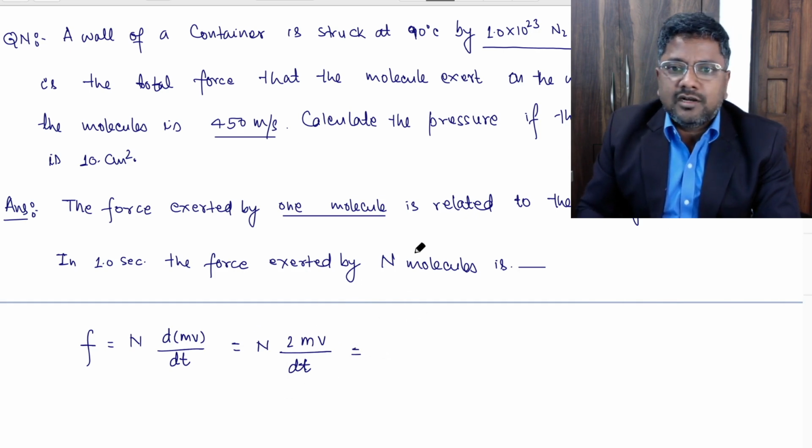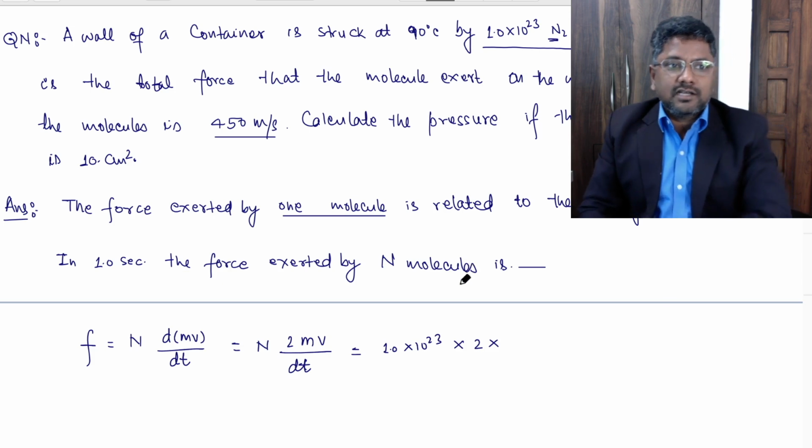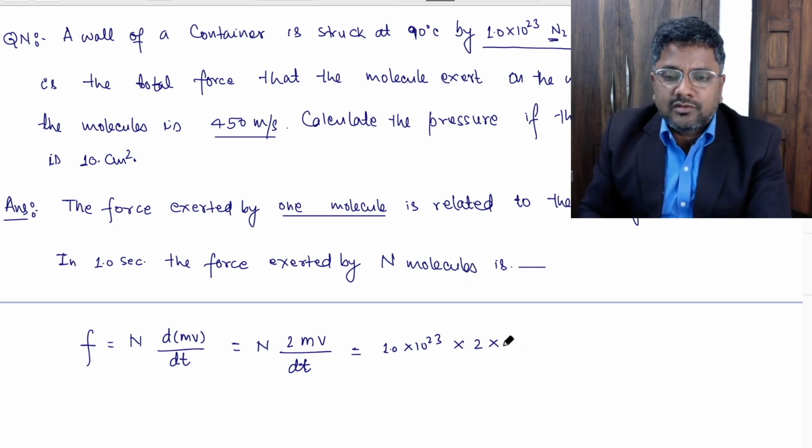Put the value of n as 1 into 10 to the power 23 into 2 into the mass of one nitrogen molecule. You have to take this value in kilograms, right?